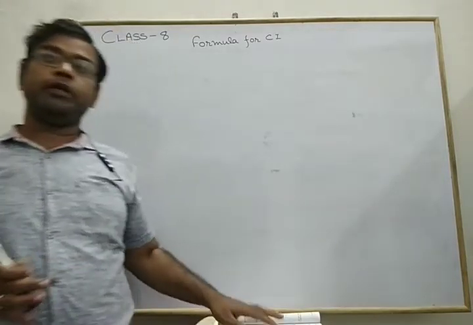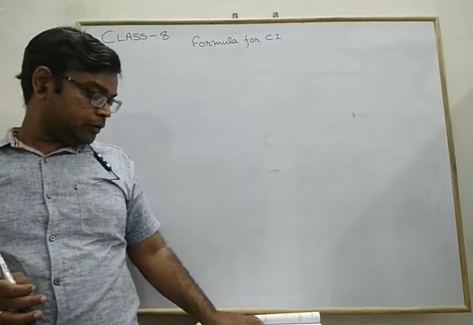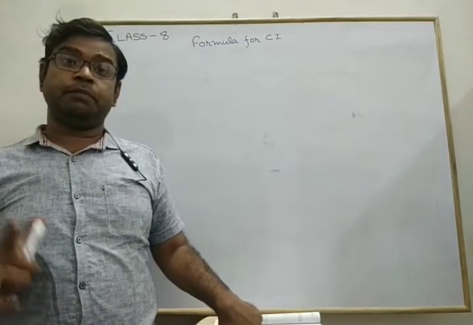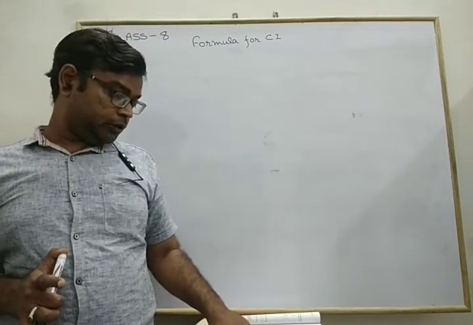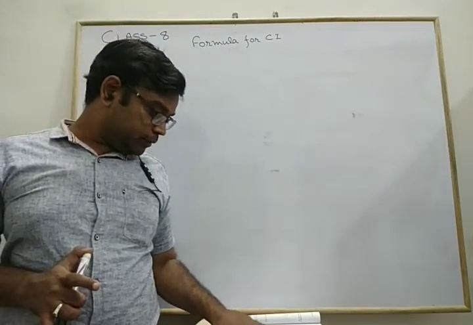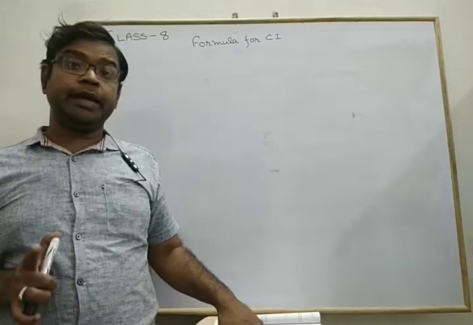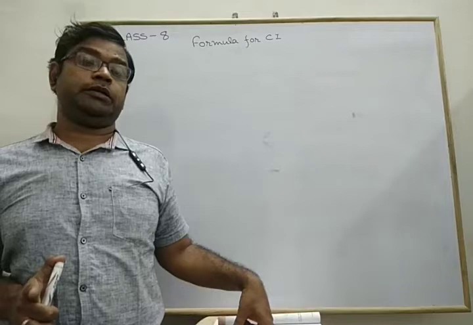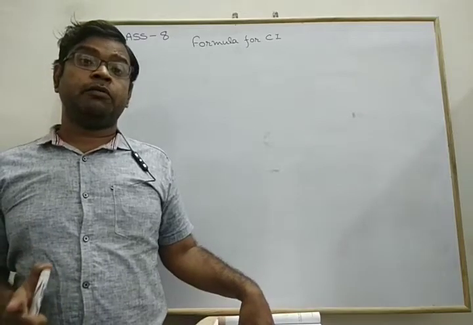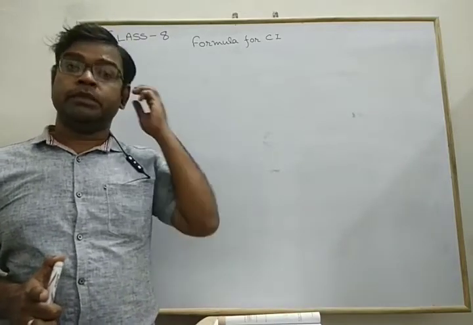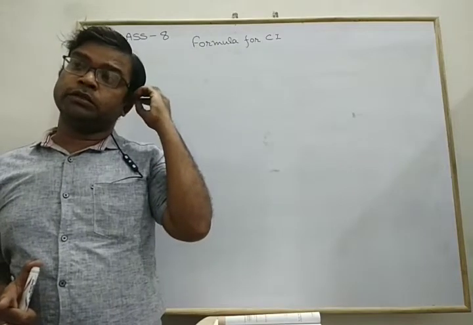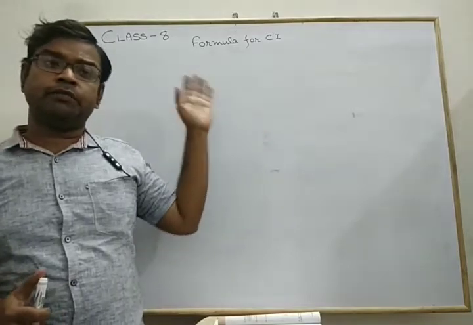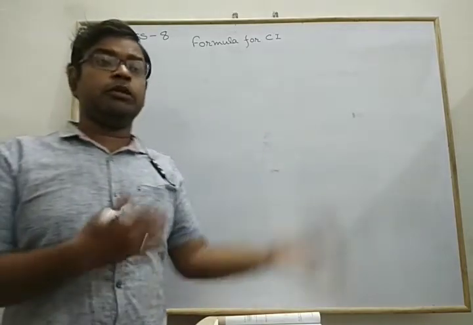Find the compound interest on rupees 1,000 at the rate of 20% per annum for 18 months when the interest is compounded half yearly. Interest is compounded half yearly and time is in months. So what is the total period of time?